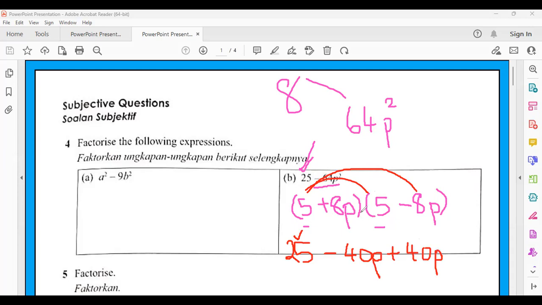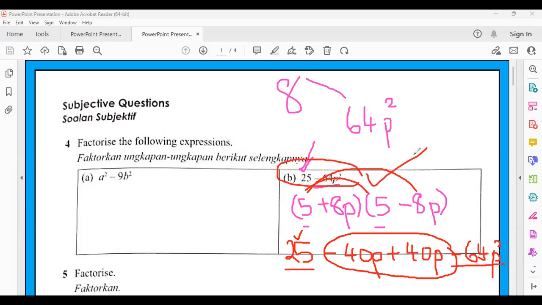And then positive 8 times negative 8 is negative 64. P times p is p squared. So what happens? This becomes 0 in the center. You're left with 25 minus 64p squared, which is your question. Got it. Do you see that now?